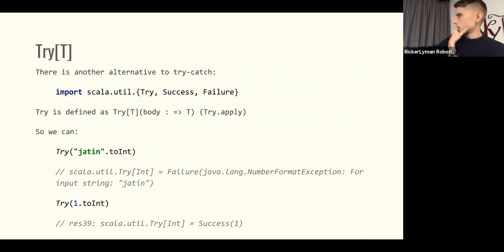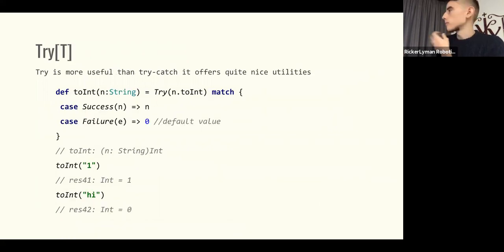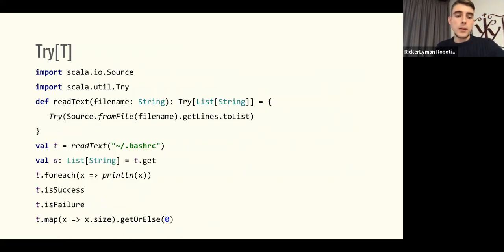So you can use it that way very simply. For instance, converting string to integer when you are not sure if it's an integer value. You just wrap it around, and you can do a pattern match on it the same way as with options. For instance, when you are reading from file and there is an API which throws exception, this is, by the way, how we can read something from file.